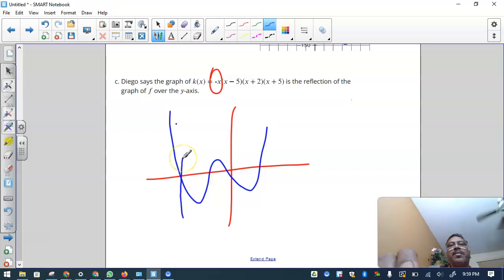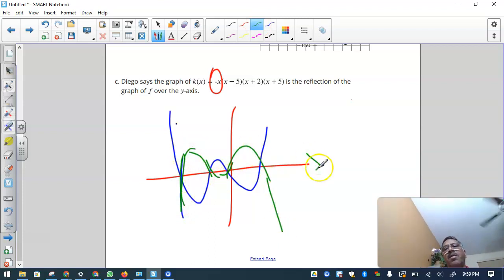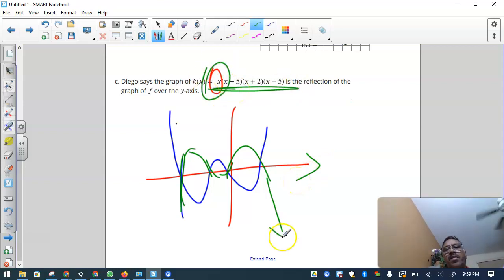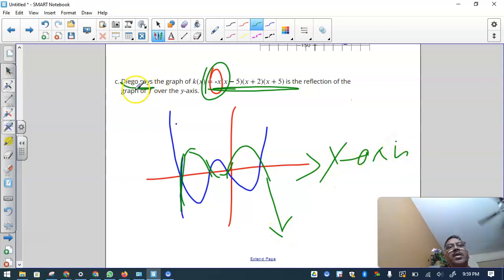So this could have been the reflection. Whenever there is a minus there, it has to reflect over the x-axis. So Diego is saying this is the reflection over the y-axis. No, that's not how it is.